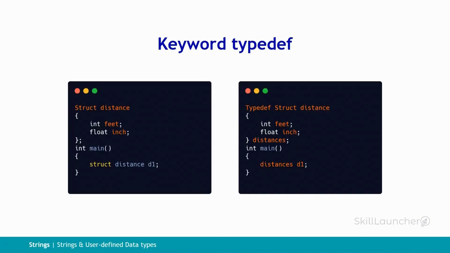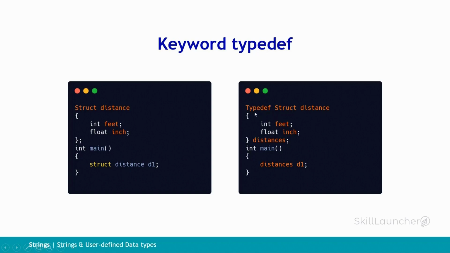Now comes the keyword typedef. As we have seen during a structure declaration, let's say we have a structure distance which contains int feet and float inch as two data members. Now in the main function, we create a variable of the structure by using the struct keyword, structure name, and d1 as the variable name. Now instead of using struct distance, if I need to give another name for my structure, I can do that by using typedef.